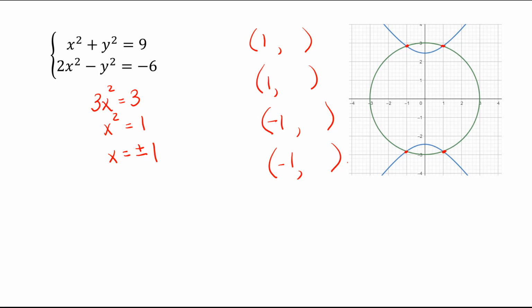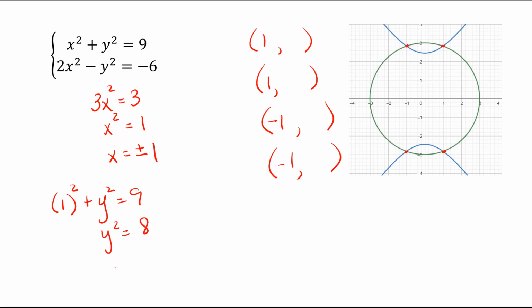you could still figure this out, because when you plug in +1 into either one of these equations to find out what y goes with it, you will get 2 solutions for y. So if I take +1 and check it in the first equation, I'm going to have +1 squared plus y squared equals 9. So y squared equals 8.